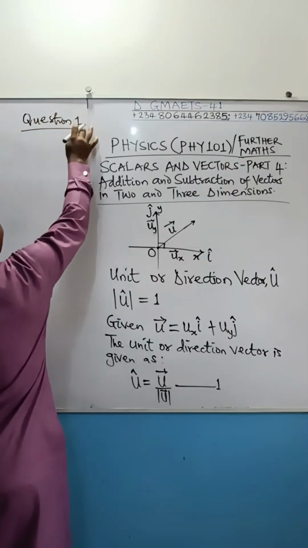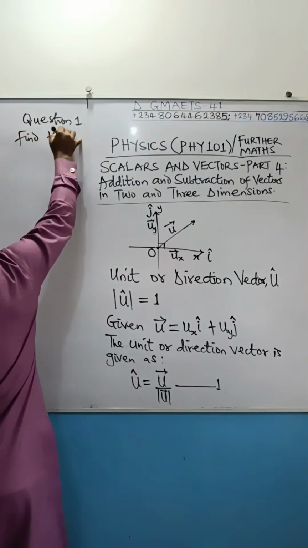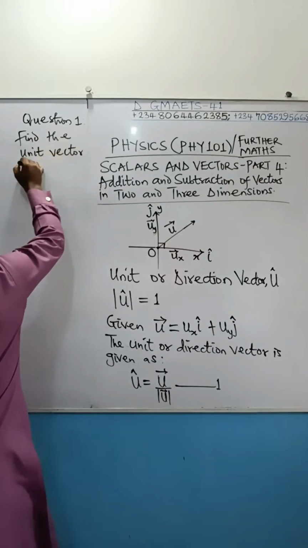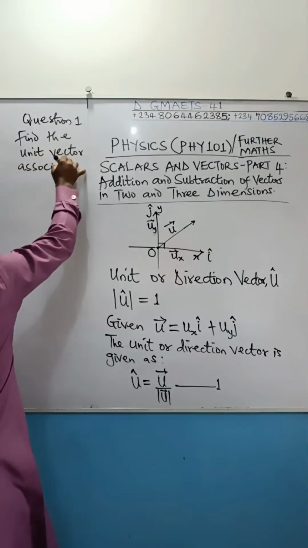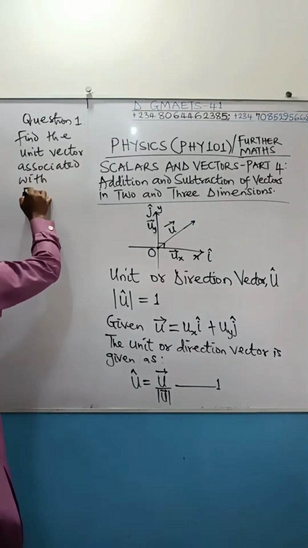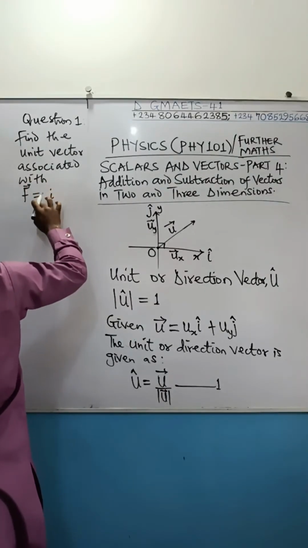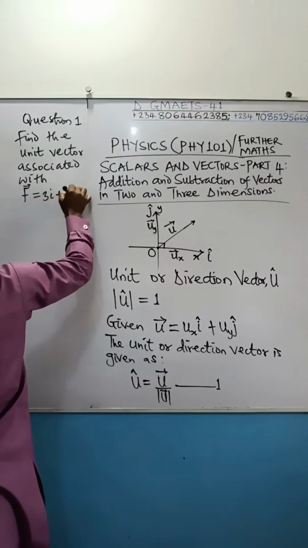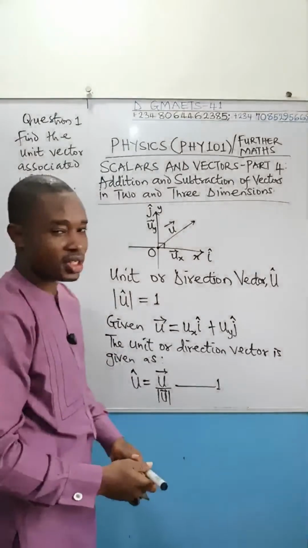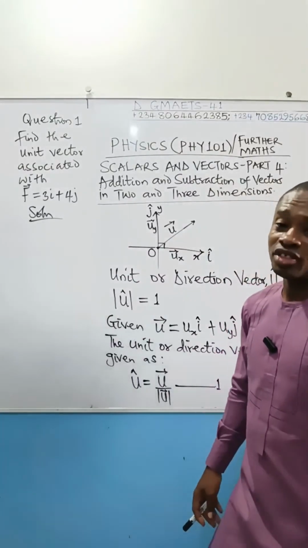Find the unit vector associated with the given vector, f equal to 3i plus 4j.